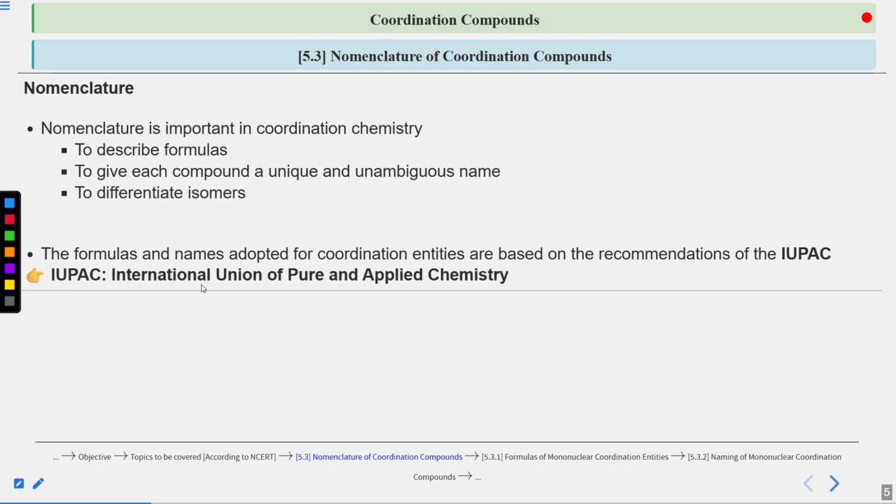IUPAC is the International Union of Pure and Applied Chemistry, an organization which is like the head of chemistry, which plays a very important role in the nomenclature, or naming, or formulating of the different compounds.